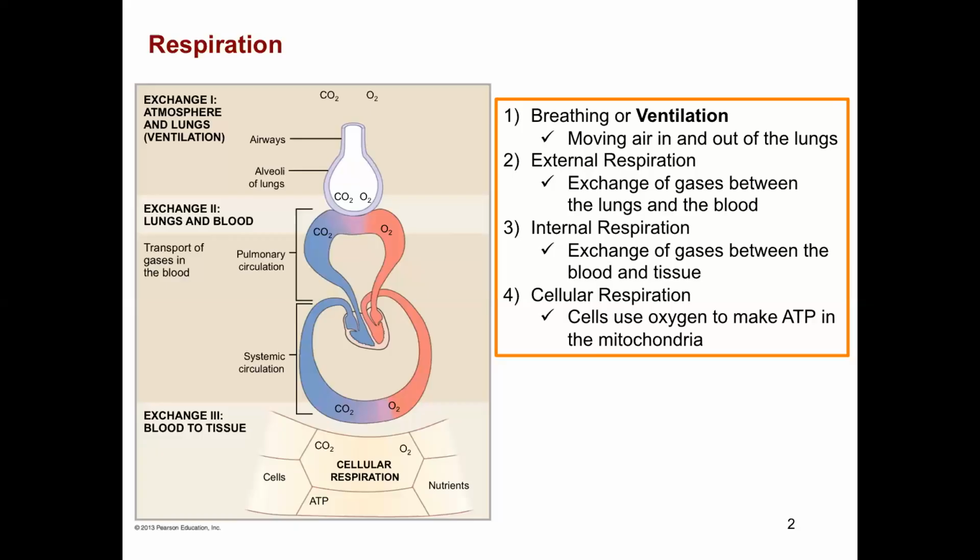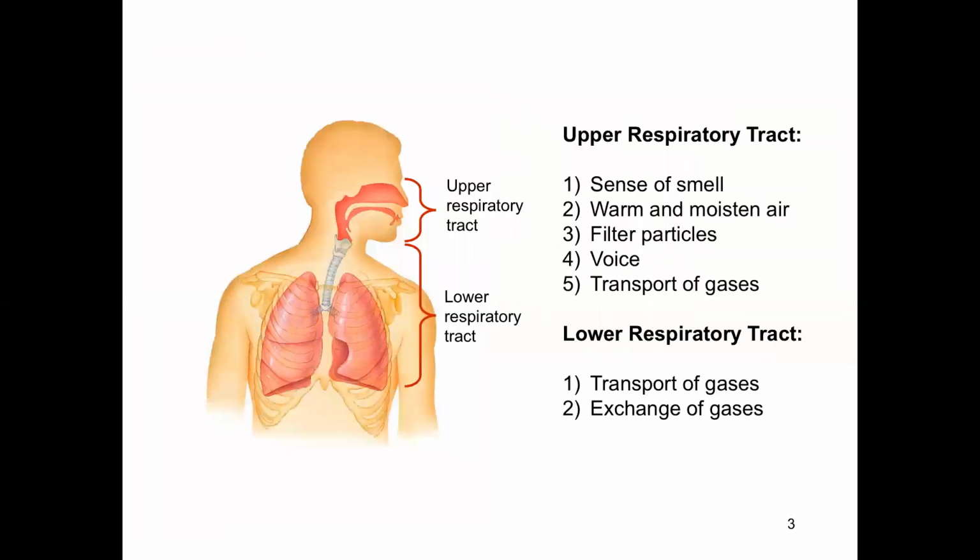Now, the respiratory tract is divided into regions, and I was saying in class, depending on what book you're using, they divide it in different ways, but the book that we're using is divided into upper and lower. In the upper respiratory tract, there's a lot going on. We have our sense of smell.